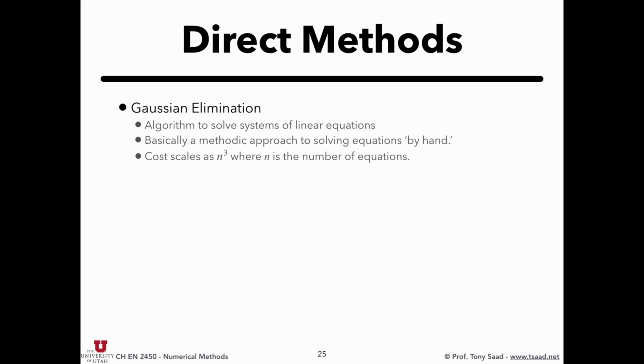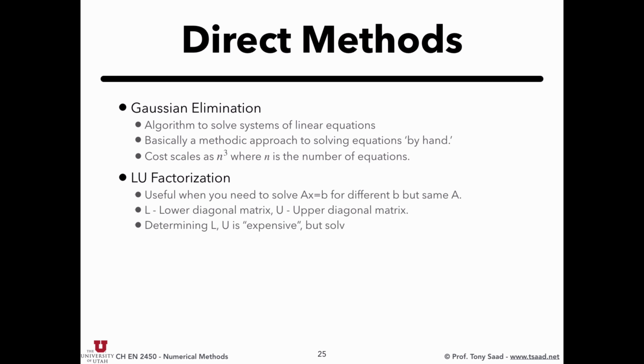The cost computationally scales as n cubed, where n is the number of equations, and that's very expensive. So the number of operations is essentially n cubed. So if you have 100 equations, you would have 100 to the power 3 operations you have to do to get to the answer.